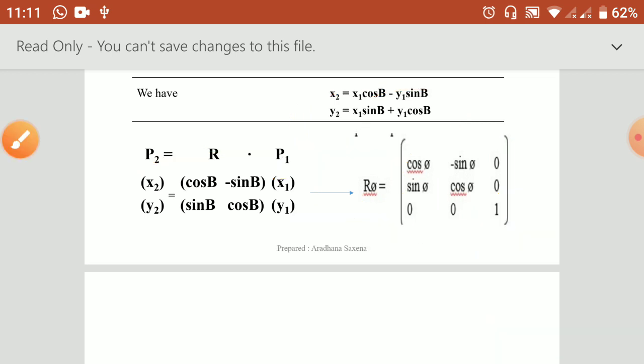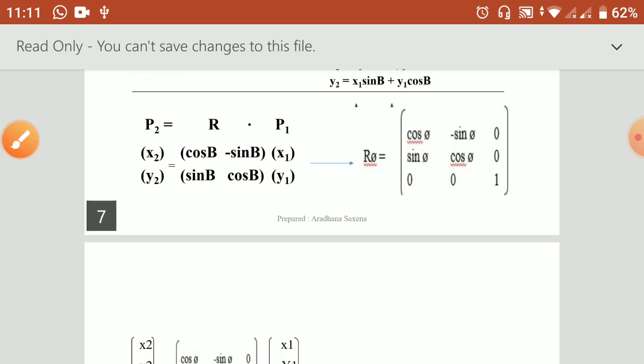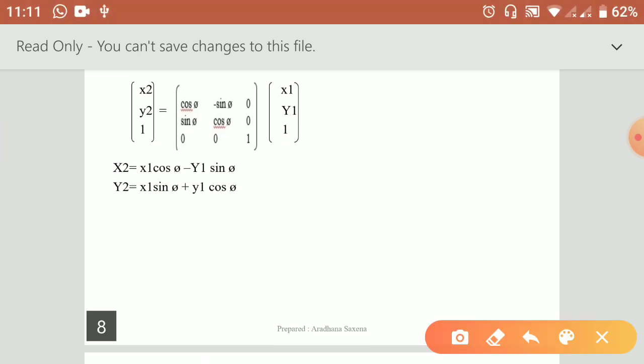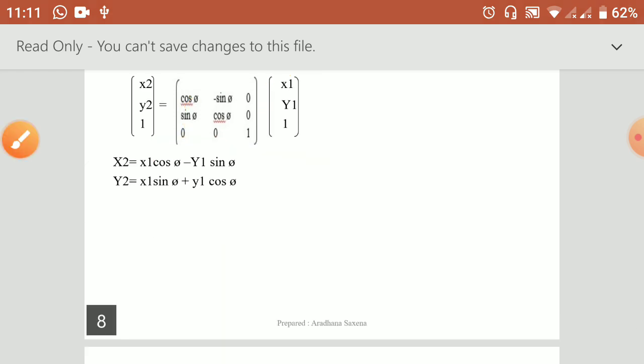When we multiply this matrix into the x1 y1 coordinates, we will get these equations. You can multiply and check it.